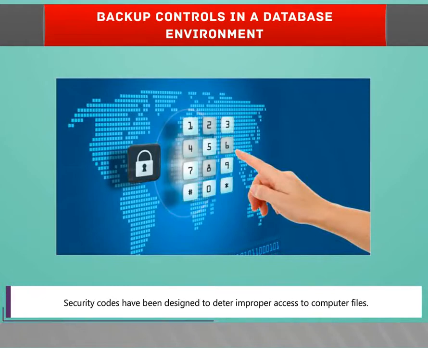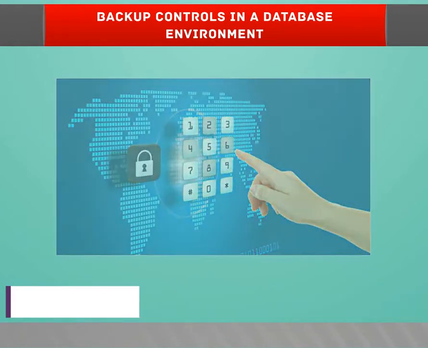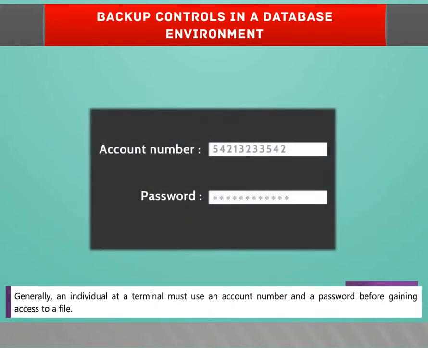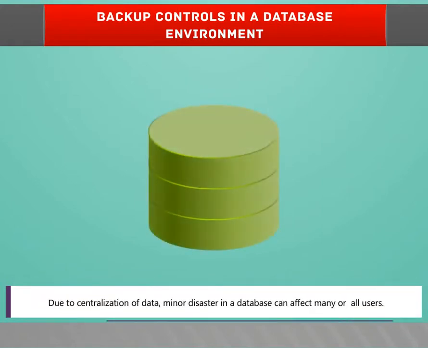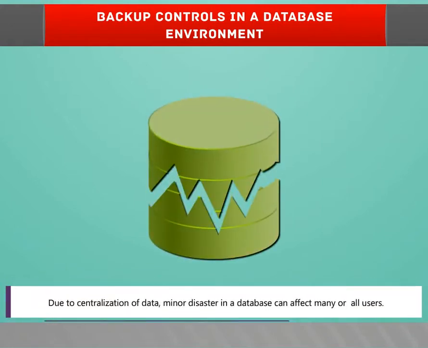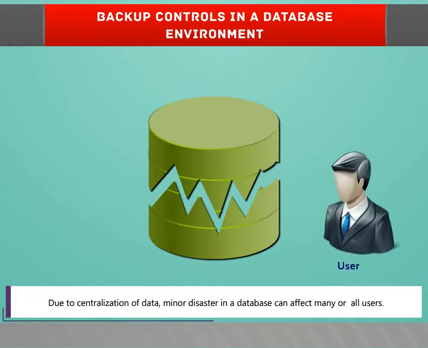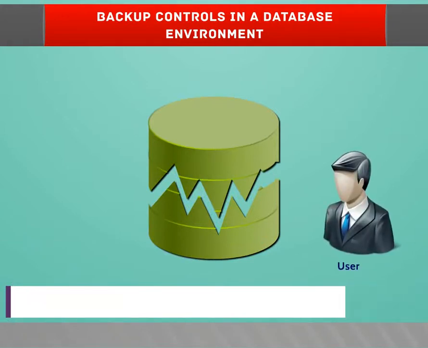Security codes have been designed to deter improper access to computer files. Generally, an individual at a terminal must use an account number and a password before gaining access to a file. Due to centralization of data, a minor disaster in a database can affect many or all users.